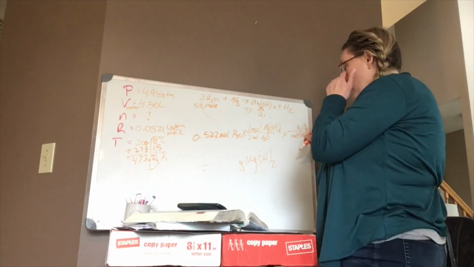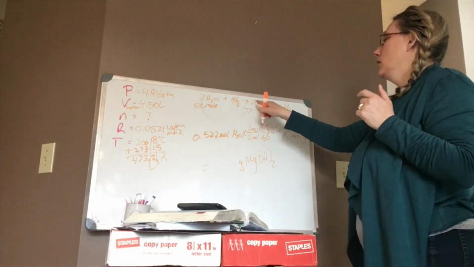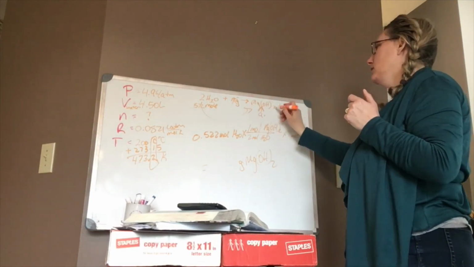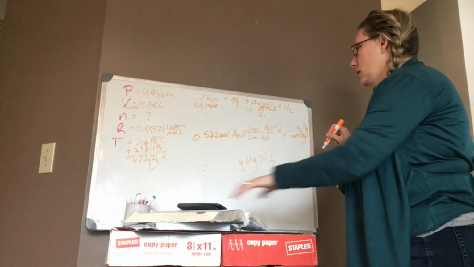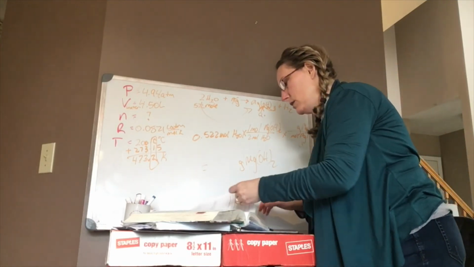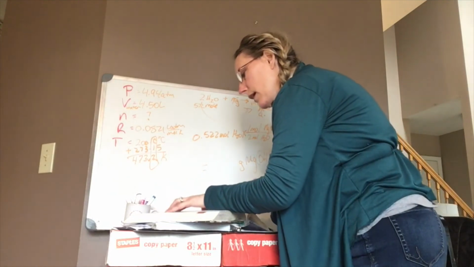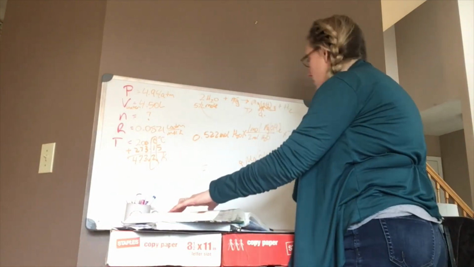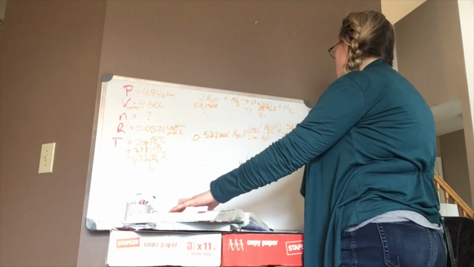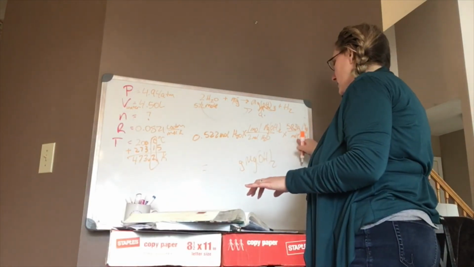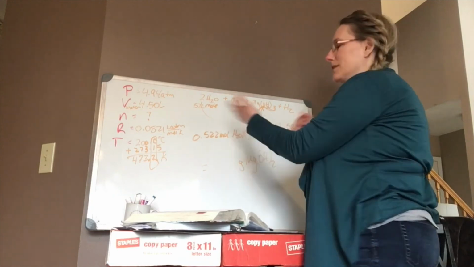So I have to look on the periodic table and go 1 magnesium plus, this is 2 times oxygen and 2 times hydrogen. And that is 58.3 grams of magnesium hydroxide in 1 mole of magnesium hydroxide. So you can do this in 2 steps.